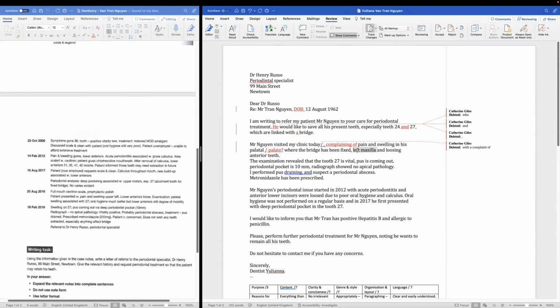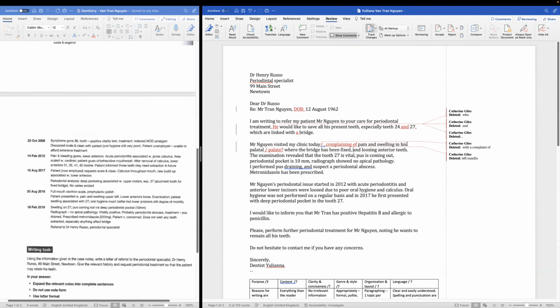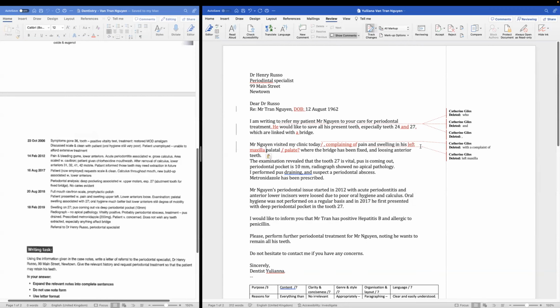I mean, if I were you, I'd go like this. I'd put the left maxilla here because that's a nice simple idea. This is more complicated because you've got this relative clause coming after it where the bridge has been fixed. Complaining of pain and swelling in his left maxilla.